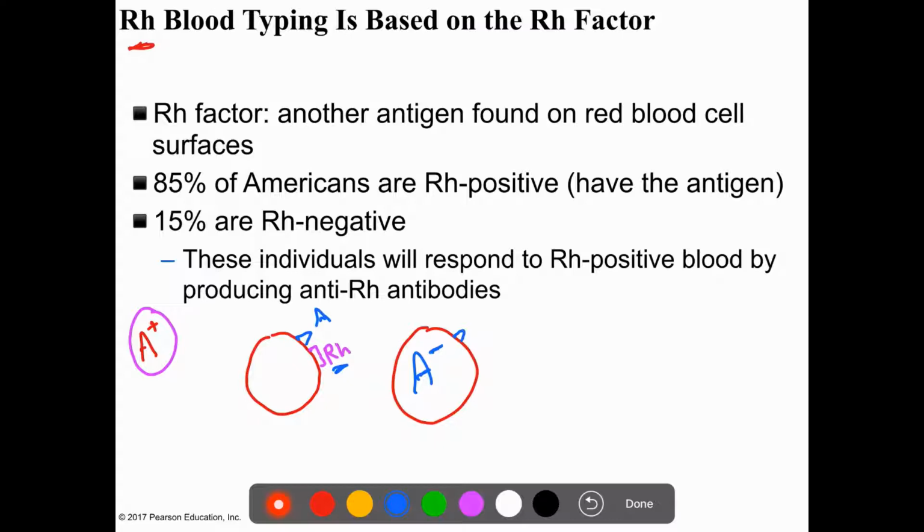The same concept. And again, these people have, for example, the anti-B antibody. These will have anti-Rh, since they are missing the Rh antigen. These are not missing it, so we don't need that antibody.